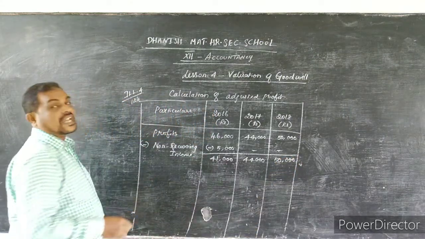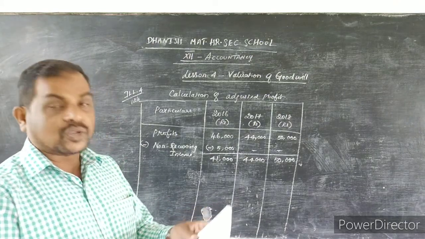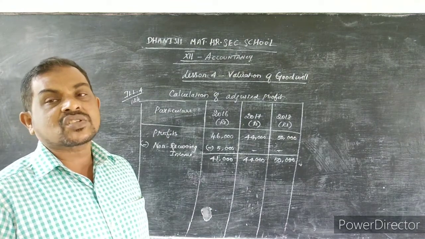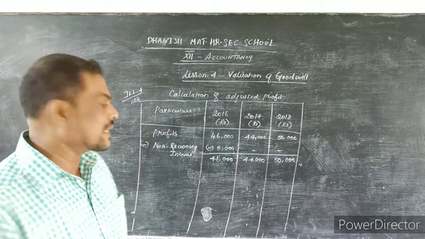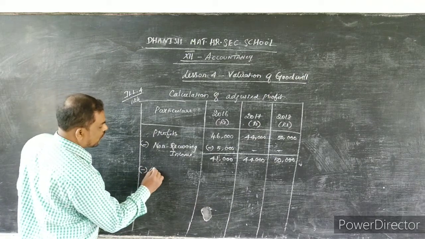Now, the second adjustment is that the closing stock of the year 2017 was overvalued. So in 2017 closing stock was overvalued, which should be deducted.